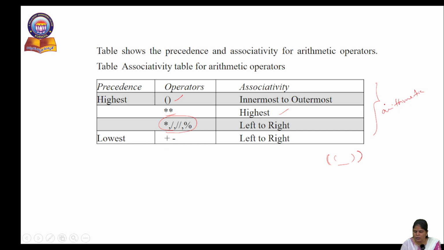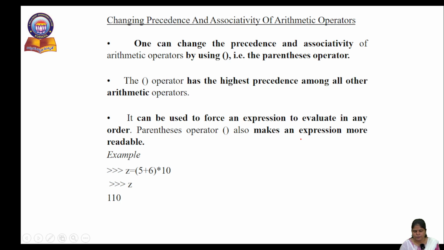Among all the arithmetic operators, the exponential will be given highest priority, and then multiplication, division, floor division, and modulo, and the lowest priority is binary plus and binary minus. Right? So what is the associativity it is following? Left to right associativity. Right?